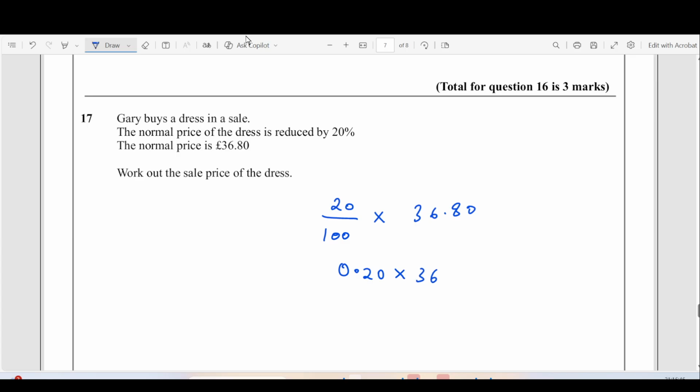We times it with 36.80, which is 7.36 euros. Now this much reduction we will take from the normal price to work out the sale price. The sale price is 36.80 minus 7.36, which is €29.44.